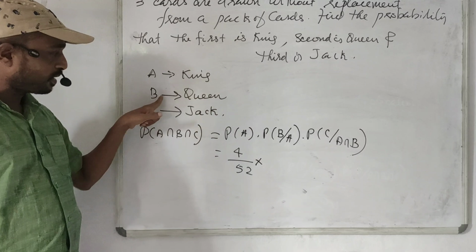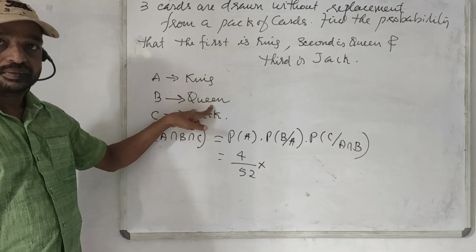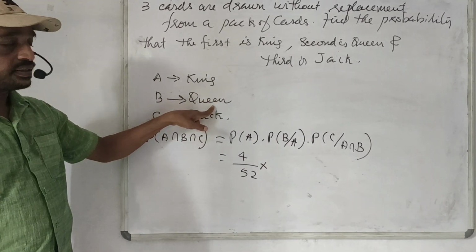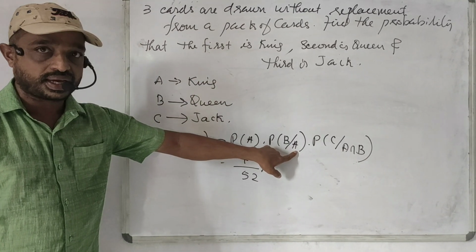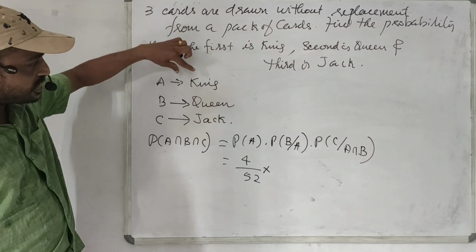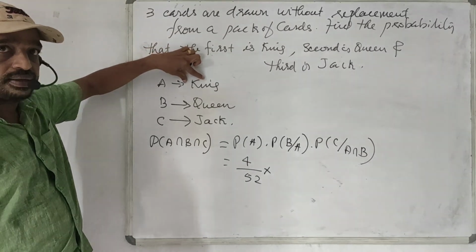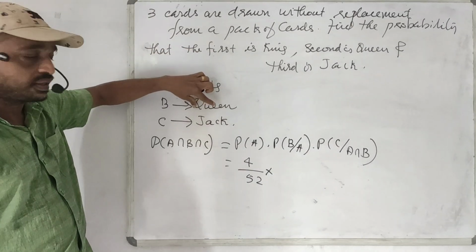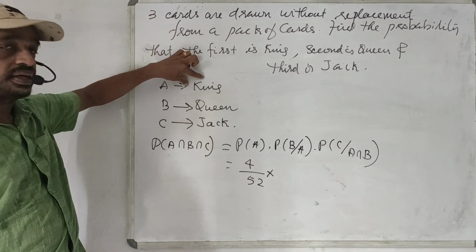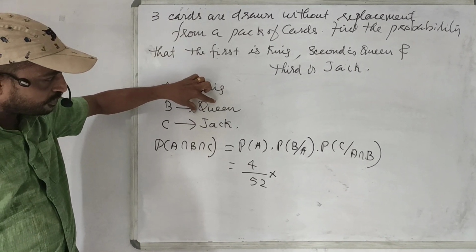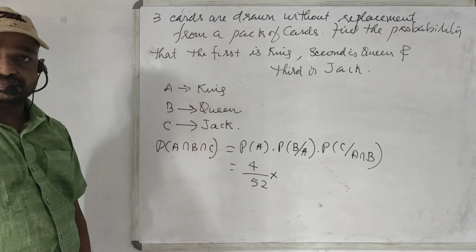P of B given A is simply the probability of getting a queen card if the event A has already happened. That means if the first event has already happened, what is the probability of the second event happening? If the first drawn card is king, what is the probability of selecting a queen card?